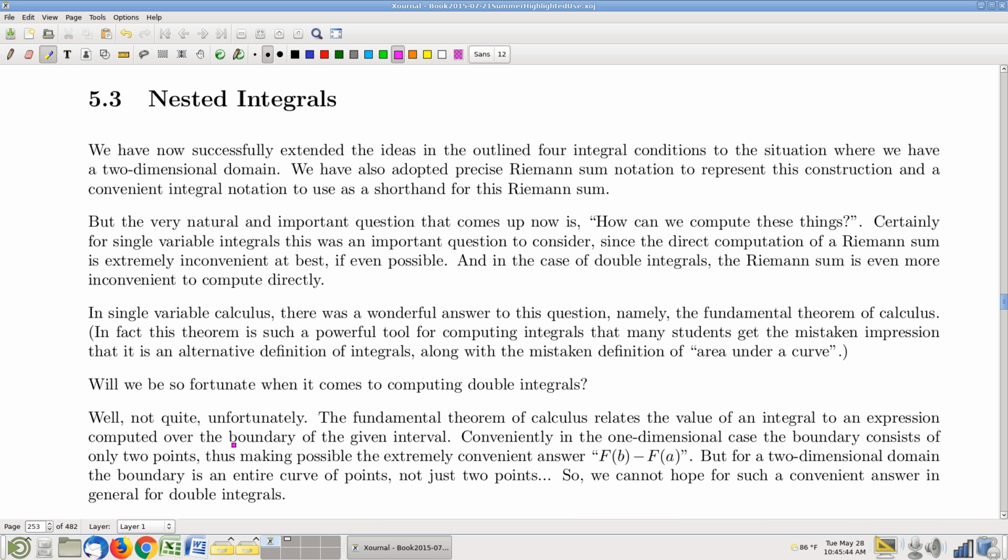What we can do is we can rewrite double integrals in terms of single variable integrals. So we're not going to have a single formula for a double integral, but we are going to be able to rewrite double integrals in terms of single variable integrals, and then we're going to say, and we know how to compute single variable integrals.